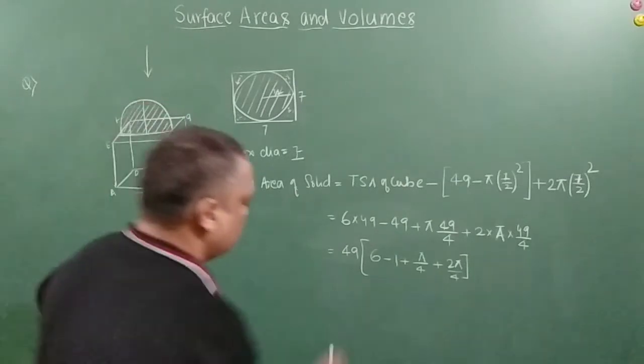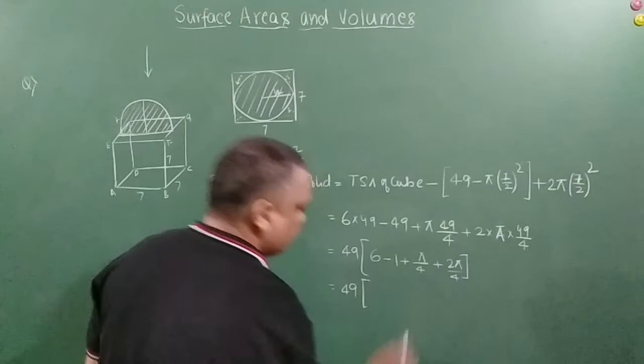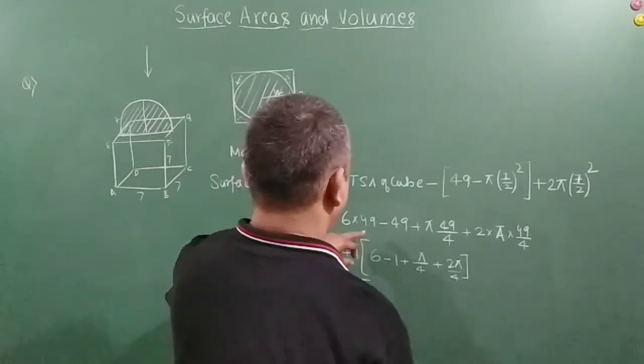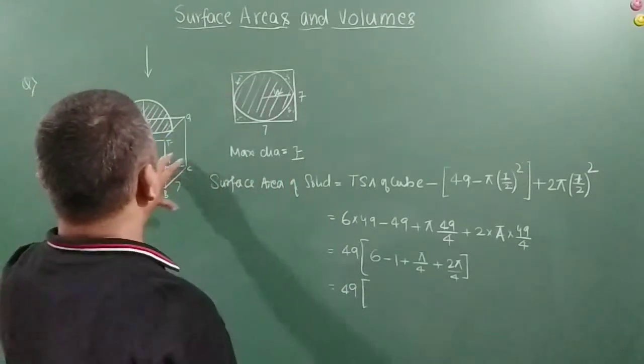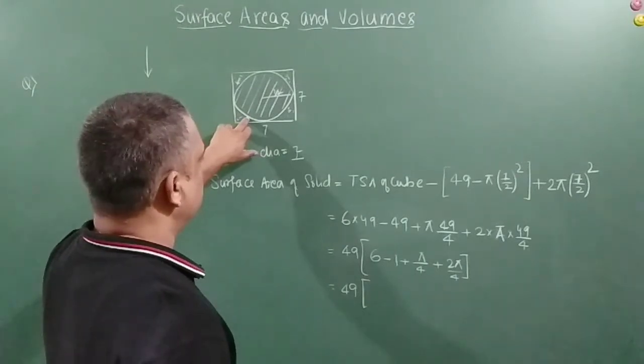So this is 49 and this becomes 5, right? So total surface area plus the area of this dotted things.